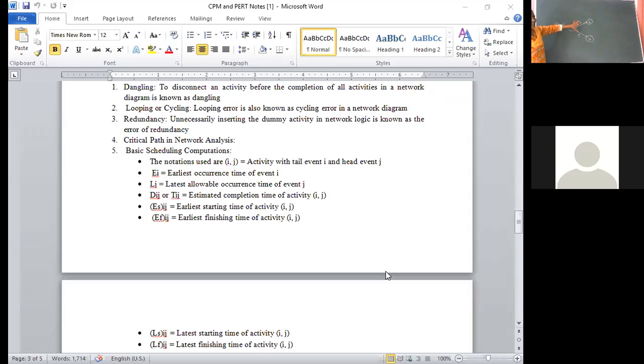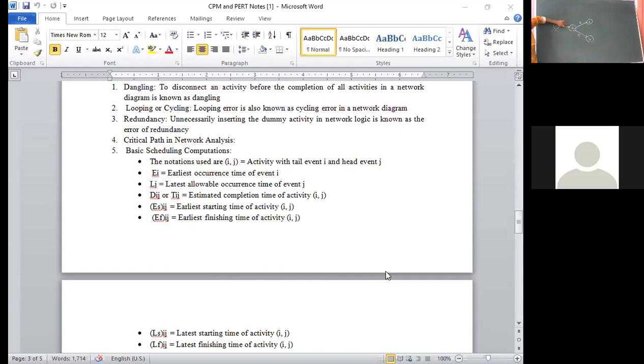Simultaneously, these are concurrent activities, so these activities are starting simultaneously. Here, the starting node is 1. The ending node, you cannot say either 3 or 4. This is an incomplete diagram; I am explaining for understanding. B and C started from node 2.